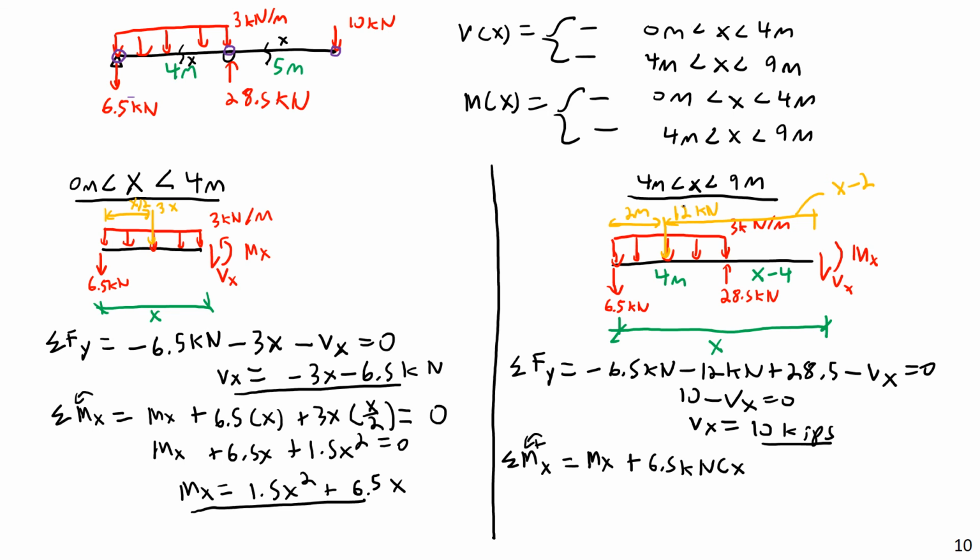Then I'll have a positive moment from this 12 kilonewton force. So that's 12 times the moment arm length of, not x, but now x minus 2. It's x minus 2 from here to here.